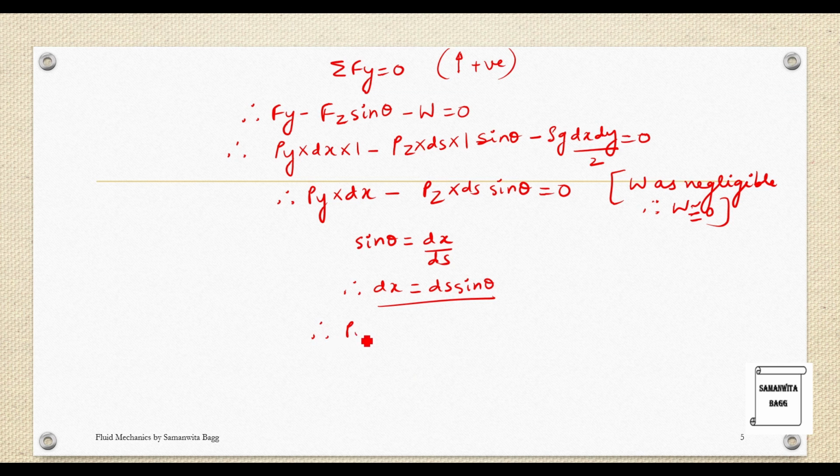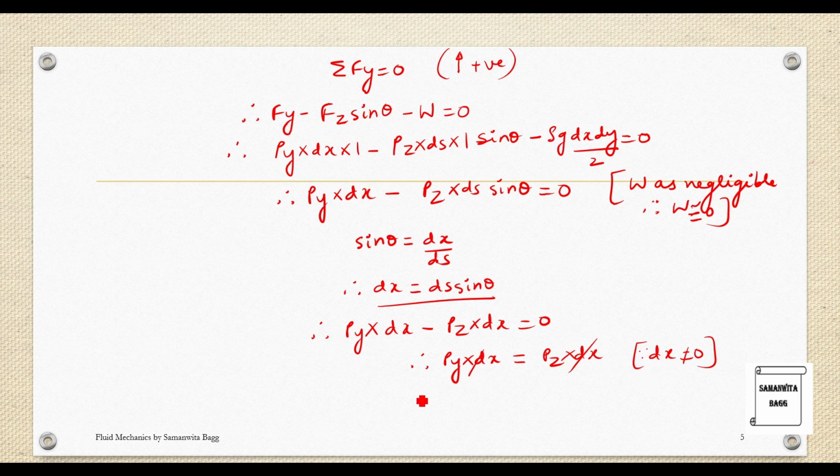So what remains is Py into dx minus Pz into dx is equal to 0. Let's resubstitute. Py into dx is equal to Pz into dx. This will get cancelled since dx is not equal to 0. So what remains is Py is equal to Pz. Let me mark this as equation 2.